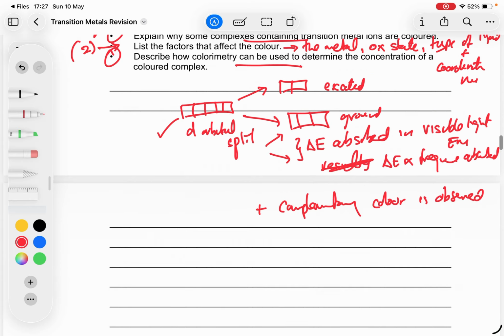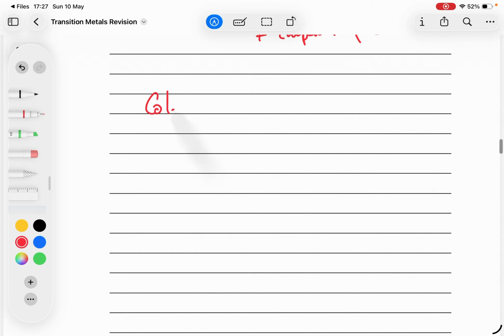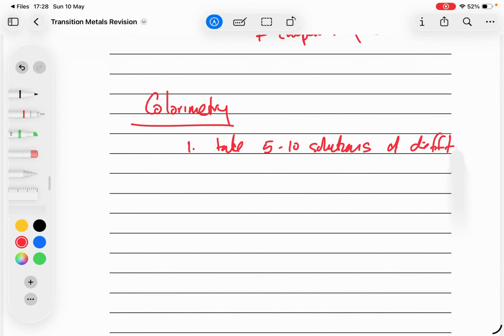And describe how colorimetry works. I'll say this to you, even if this doesn't come up as a 6 marker, you will get questions on how color is observed, why they are colored, and colorimetry. With colorimetry, number one, take about 5 to 10 solutions of different concentrations.